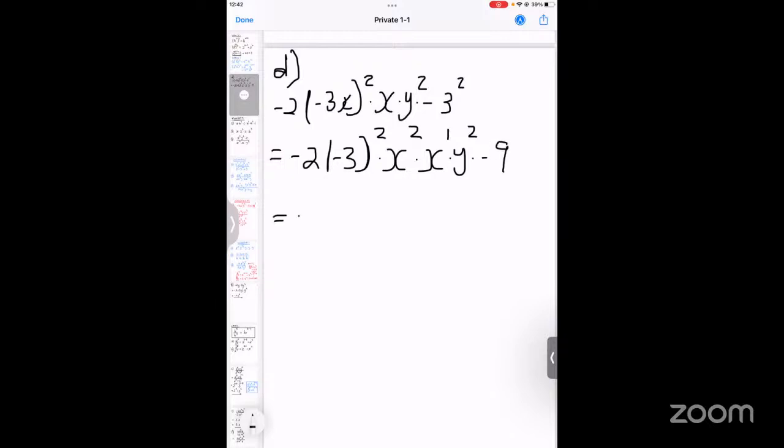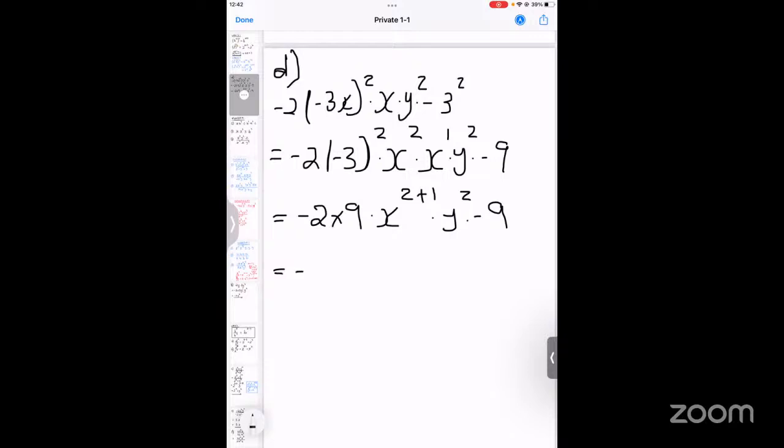So that means we have negative 2 multiplying positive 9, and then here we have x, we add the exponents, and then we have negative 9, but with a dot in between because it's a negative.